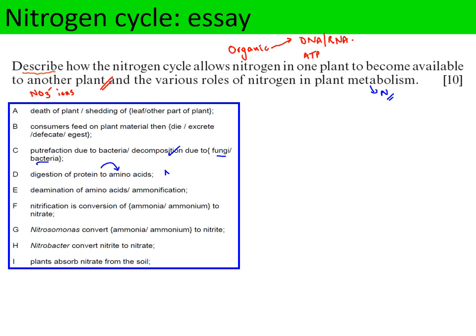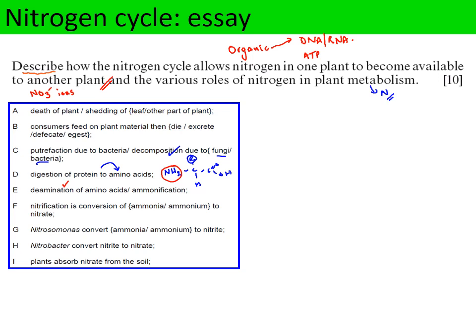So if we drew in an amino acid here, it's the amine group, variable group, and the carboxyl group, like that. So in order to remove the amine group, that is called deamination, and that will start to then help to form ammonia or ammonium ions, and this is called ammonification.